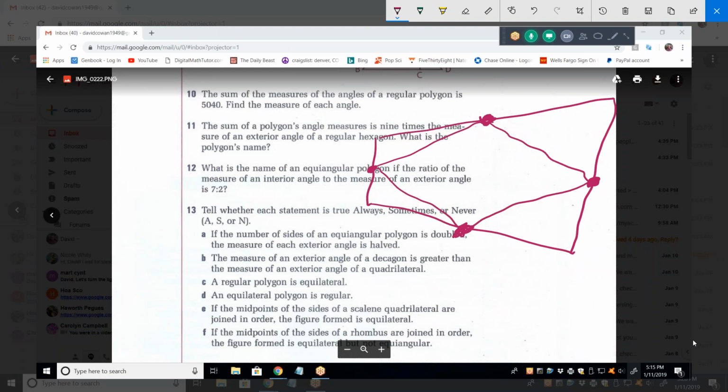The only thing we know for sure is that that's equal to that, that's equal to that, that's equal to that. What if we prove that all the triangles on the outside were equal?